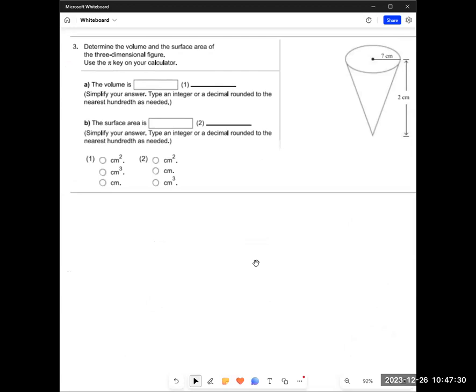This is like an ice cream cone, but it's going to be closed at the top. The volume of this cone is 1/3 pi r squared h. It's a third of what it would be if that was a cylinder. So this is 1/3 pi. r is 7 centimeters and h is 2 centimeters.